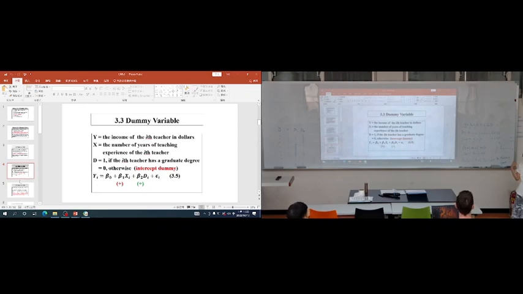Okay? This is how we explain the meaning of the dummy variable, which is really different from the numerical variables. So beta 0 is just the starting salary, and beta 2, in this case, explains the increment of the starting salary comparing teachers with a bachelor's degree and a graduate degree.